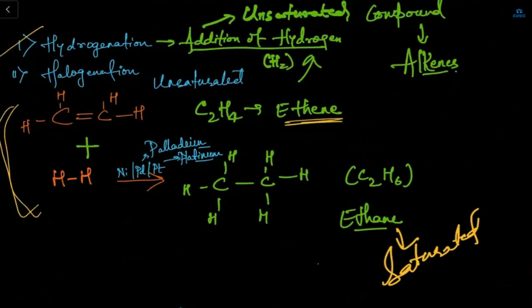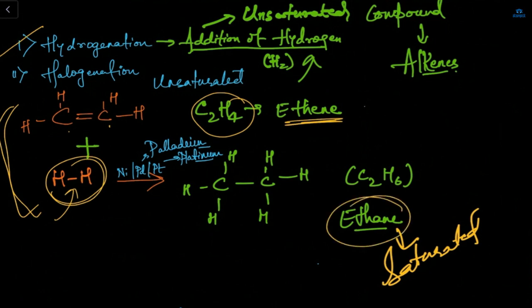What is ethene? Ethene means C2H4, a double bond actually, two carbons and four hydrogens. But when there is addition of hydrogen, what will happen? It will convert it into ethane. That means the double bond is converted into a single bond, meaning the unsaturated compound is converted into a saturated one. So this is the meaning of addition reaction.